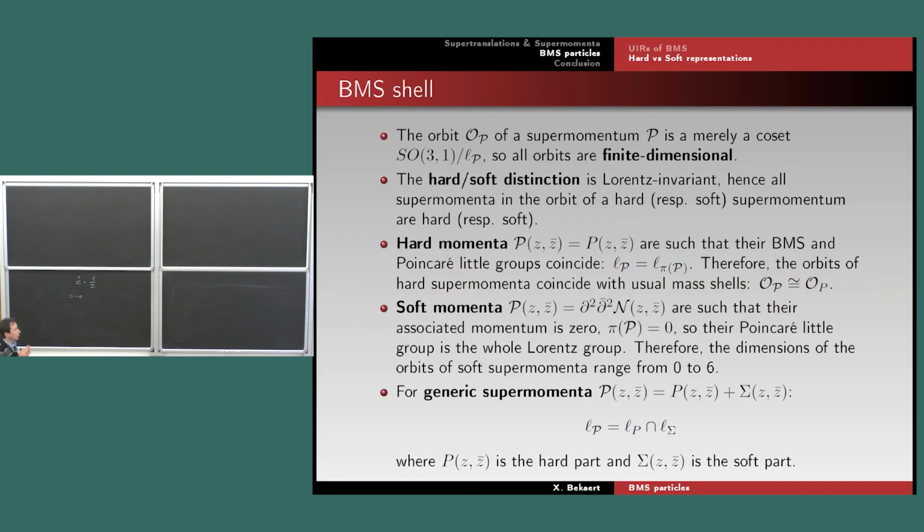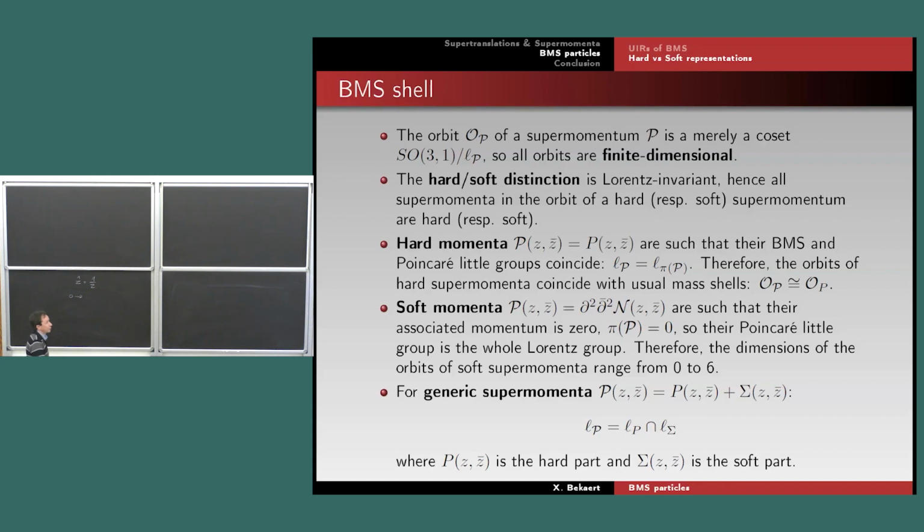So the hard representations of the BMS group are just the good old Poincaré representations seen in terms of boundary data, basically. Okay, so much more exotic already are the soft representations, where the momentum is soft, because there, from the Poincaré point of view, they have zero momentum.